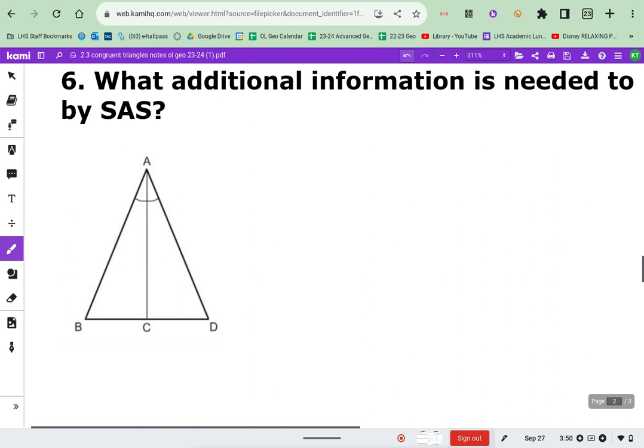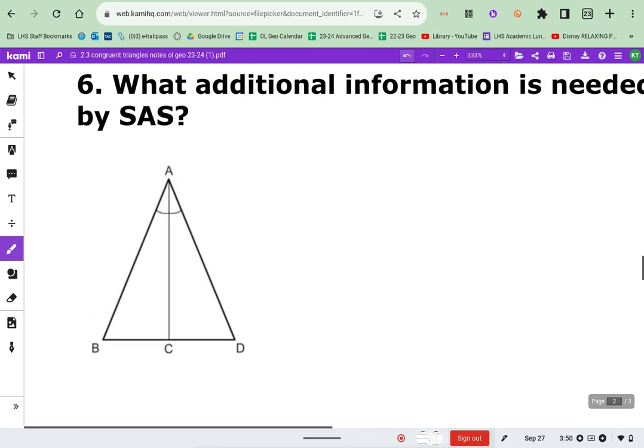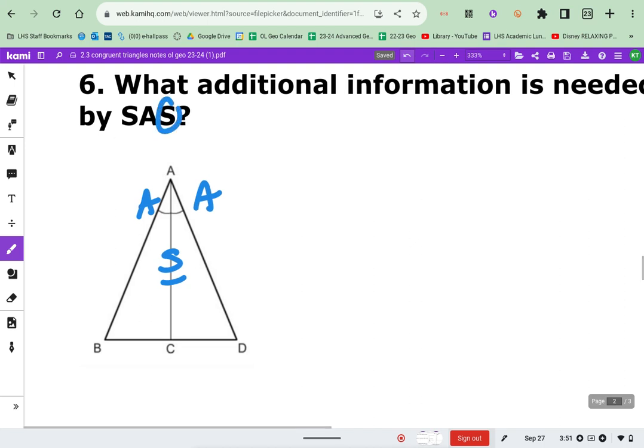All right, last one. On this one, we want to prove them by side angle side. We already have the side right here by reflexive property. We've already got our angles. So we need an additional what? We need an additional side. Where should it go? Can I put it down here? That would be above the angle? Right, it has to be right beside the angle.